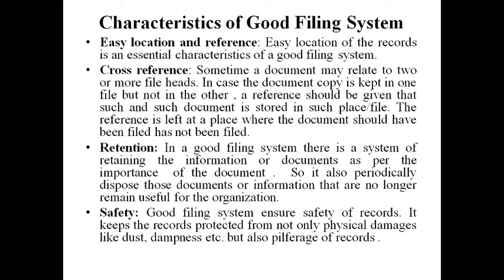And nowadays, you know that records are maintained electronically because of the advent of information technology, and there a backup system should always be there, and privacy and secrecy should also be ensured in the filing system. Then only it can be called a good filing system.